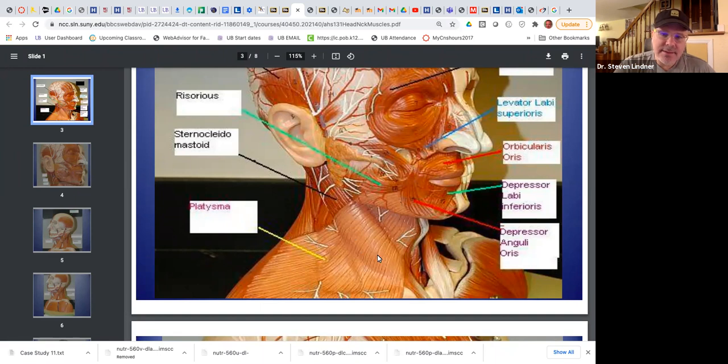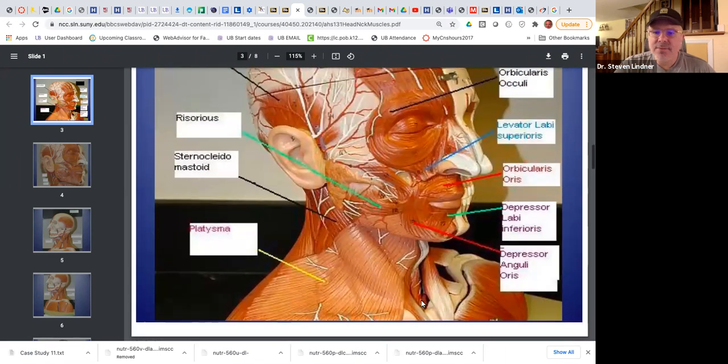And then here, going from the sternum and the clavicle up to the mastoid process is the sternocleidomastoid. In this case, it's the right SCM, and the right sternocleidomastoid, when it contracts, it rotates the head to the left. When the left sternocleidomastoid contracts, it will turn the head to the right.